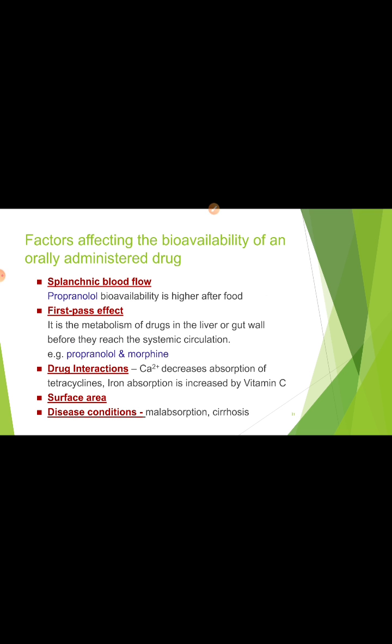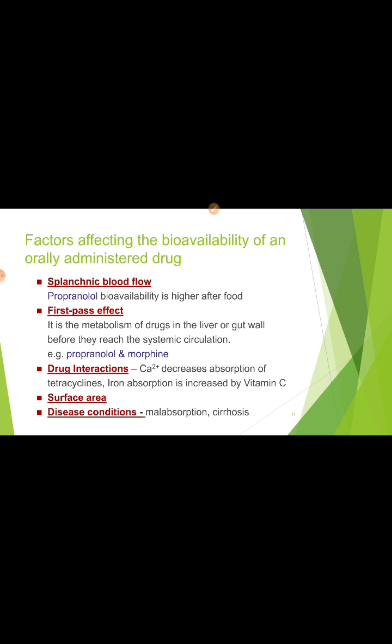Another term is first pass effect. Now this term you will be dealing with in metabolism. I will just tell you in short that it is the metabolism of the drug in the liver or gut wall before it reaches the systemic circulation.